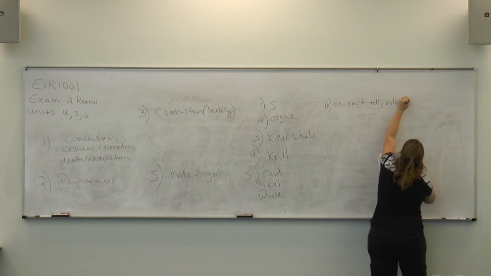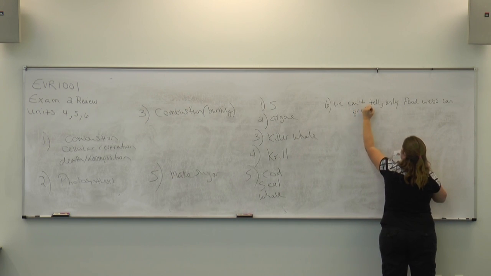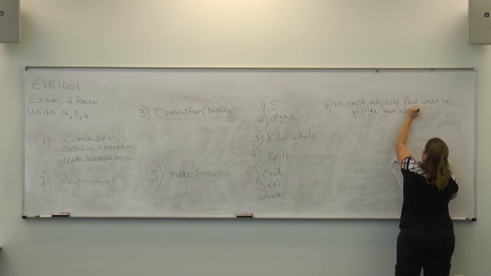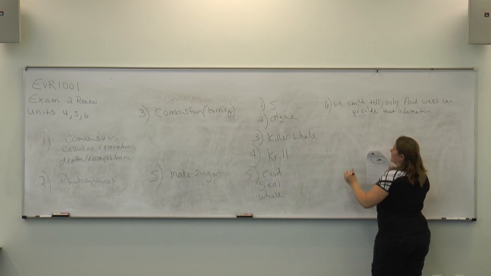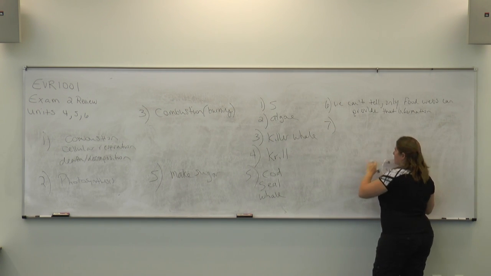Only food webs can provide that information. This is a food chain, not a food web. And food chains are limited because they cannot show you omnivorous relationships.